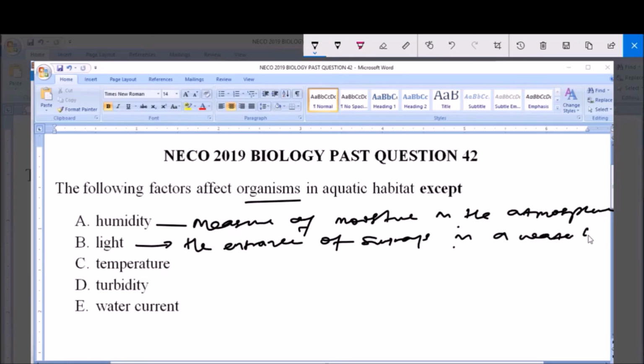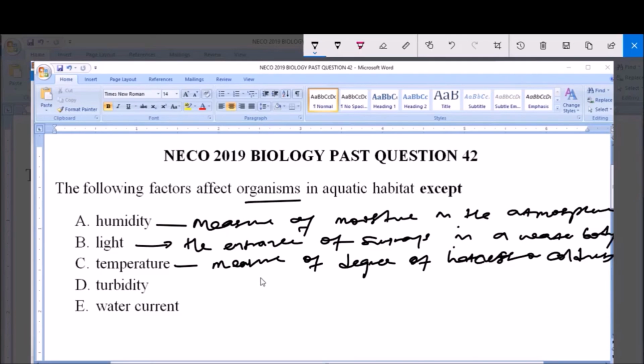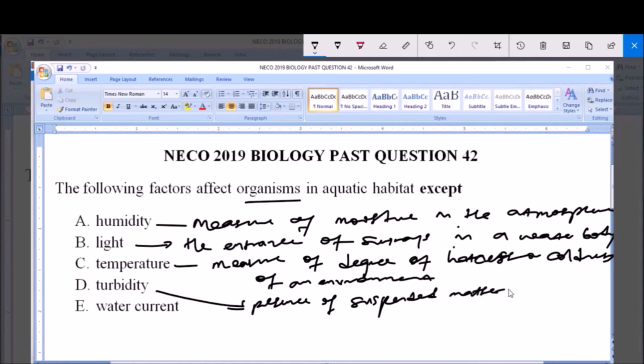Then C here, temperature. Temperature is defined as the measure of the degree of hotness or coldness of an environment. Now, turbidity. Turbidity is caused by the presence of suspended matter, such that the entrance of light is affected.